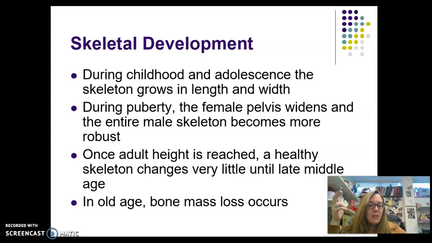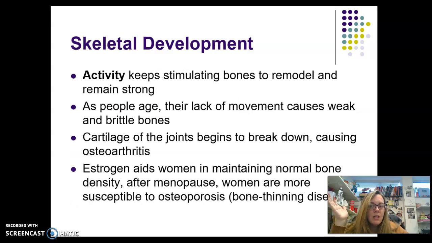At puberty, because of testosterone and estrogen, there are going to be some differentiations of the skeleton. The female pelvis will widen, the male skeleton bones can become thicker because of testosterone, and usually there's an increase in height. Okay.